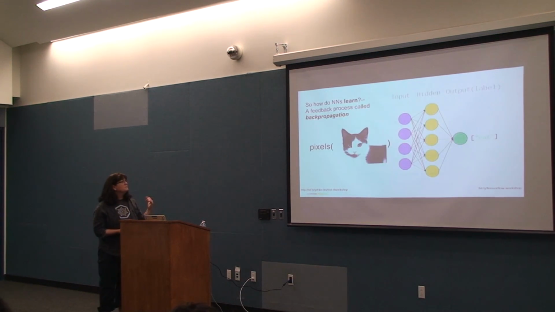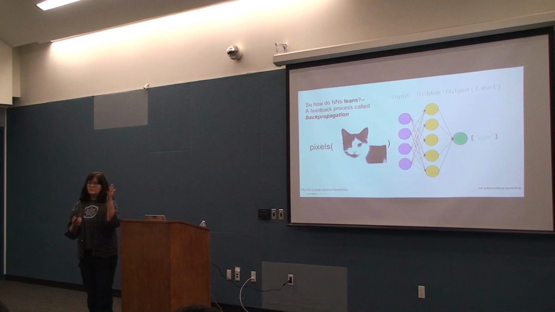With backpropagation, you start at your output layer, and you look at the output you got when you ran your input through your neural net, and you compare it to the output that you wish you had, the correct answer, so this is supervised learning.